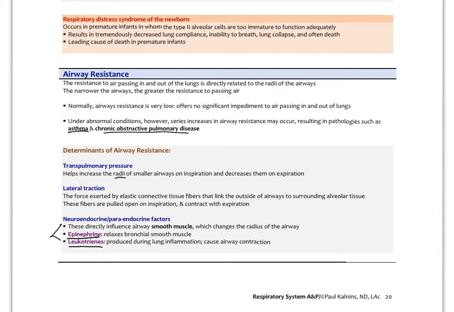And so again, if we look at asthma, we see there's an increase in airway resistance. So we give the beta-2 agonists that we already talked about. They would mimic epinephrine. They bronchodilate. And then the leukotrienes, actually there are medications, leukotriene inhibitors, that can block the leukotrienes. And that can help with the airway resistance as well.